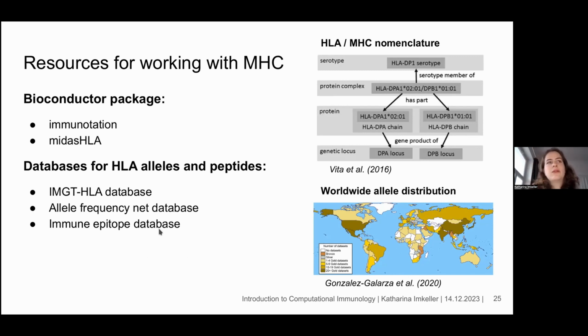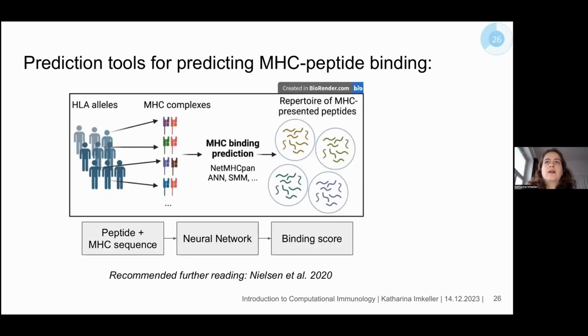One of the reasons why you would maybe like to use these resources is when you have a computational workflow that aims to predict peptides that are presented on the MHC molecules of a particular donor or of a cohort of donors. So this application here uses computational prediction tools that allow you to predict which peptides are presented on which MHC molecules.